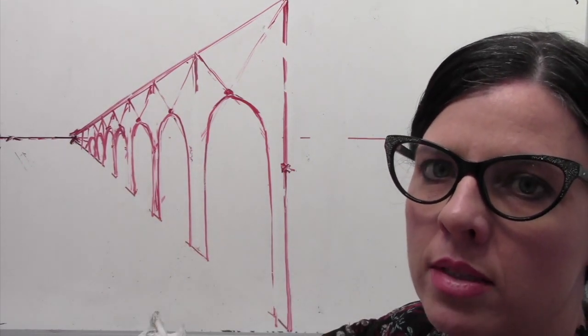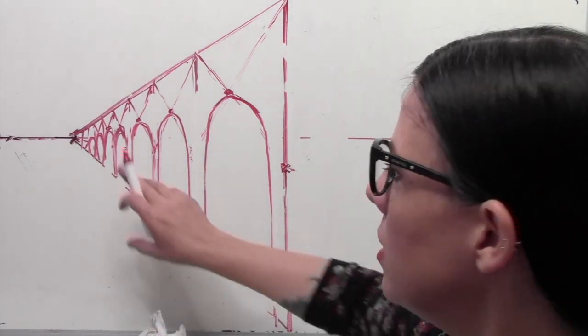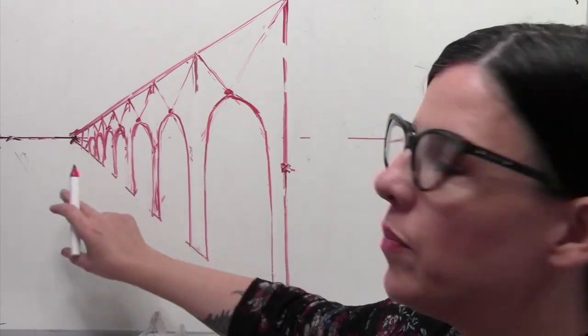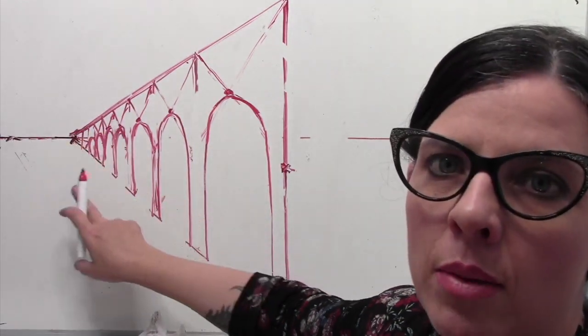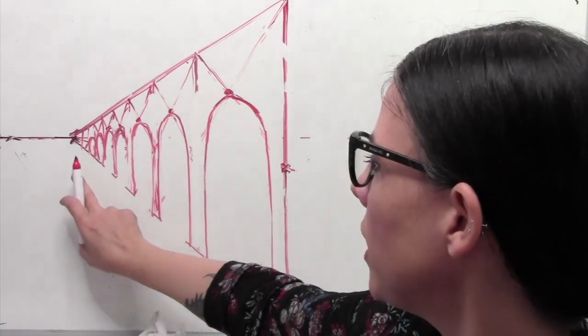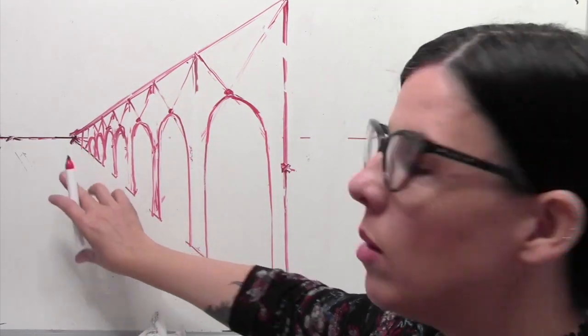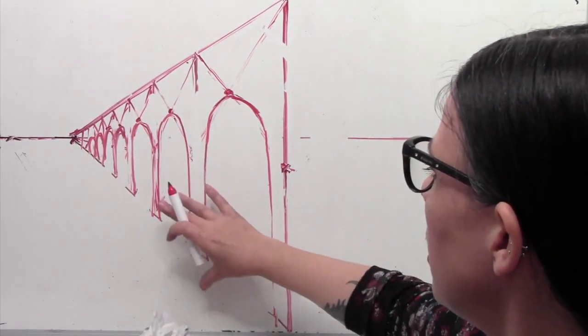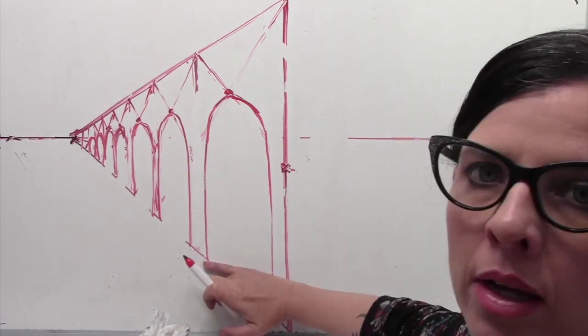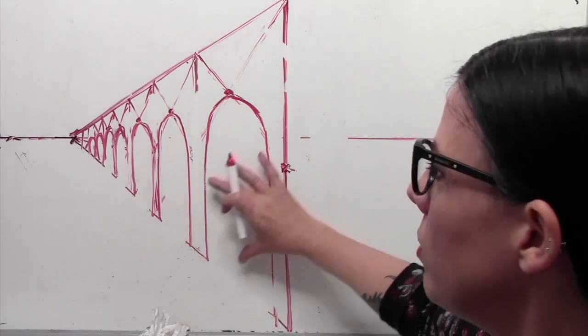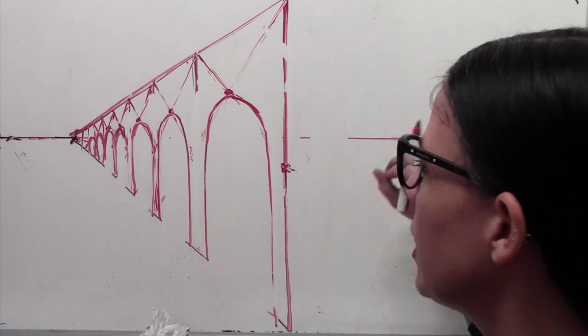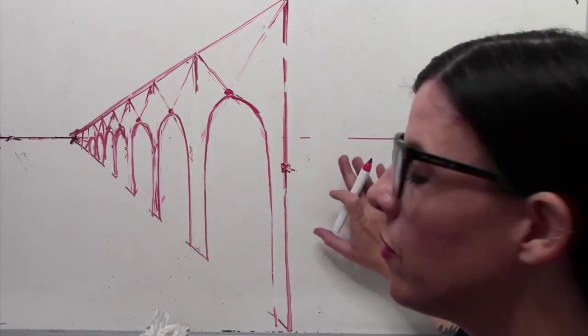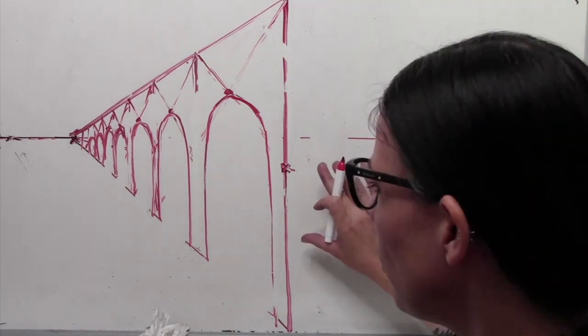Now, if I was doing this in two point perspective, this would be a little bit of a problem, because anytime I approach a vanishing point in two point, it starts to distort. But nonetheless, what I would do instead of having this go straight across would be I would go to a secondary vanishing point. For this though, again, one point, we need to go straight across.